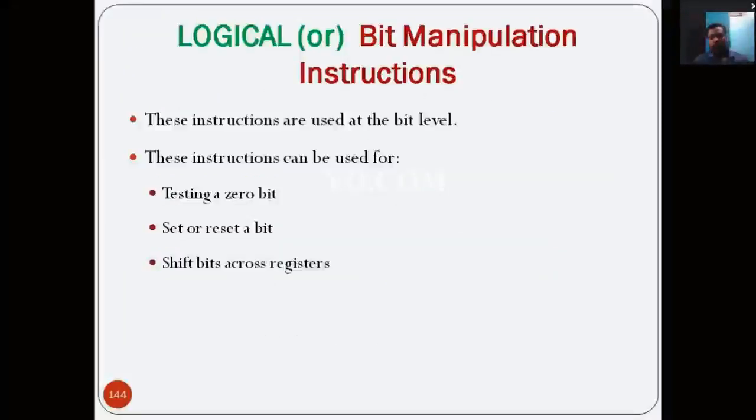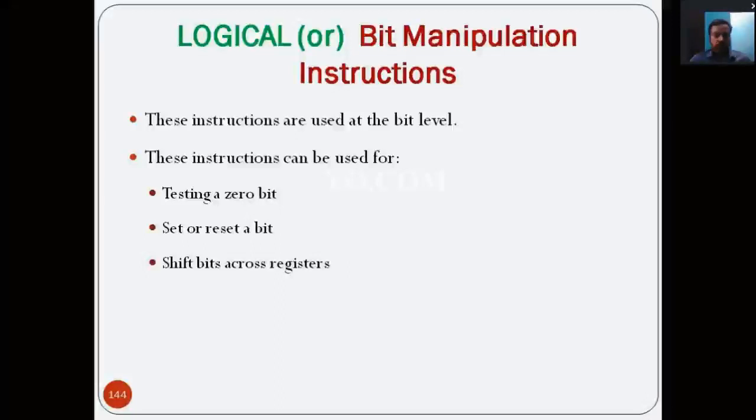Next we are going to see logical or bit manipulation instructions. We can manipulate a single bit by some instructions, called bit manipulation instructions. These instructions work at bit level, not byte level. Bit means a single digit, byte means 8 digits.